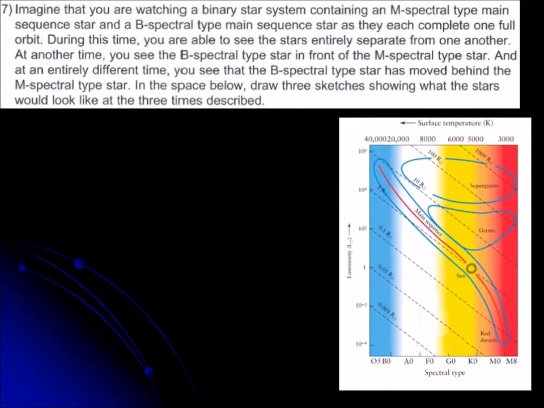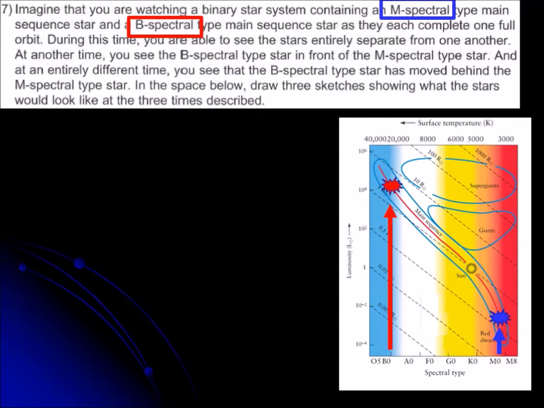Well, it is simply the stars. One is going to be a B, which is much larger than the other one, which is an M. Both of them are main sequence, so we see that the B is going to be much brighter than the M, and also is going to be larger.